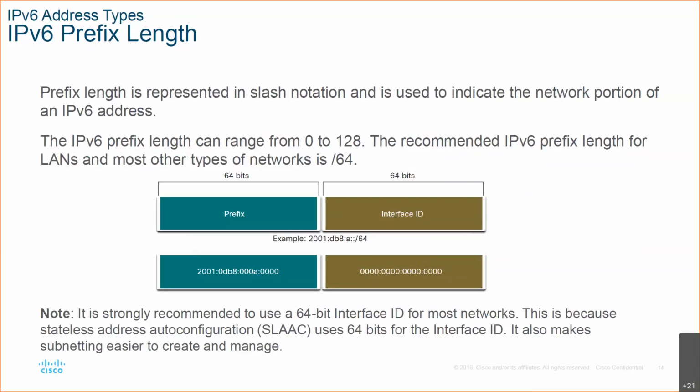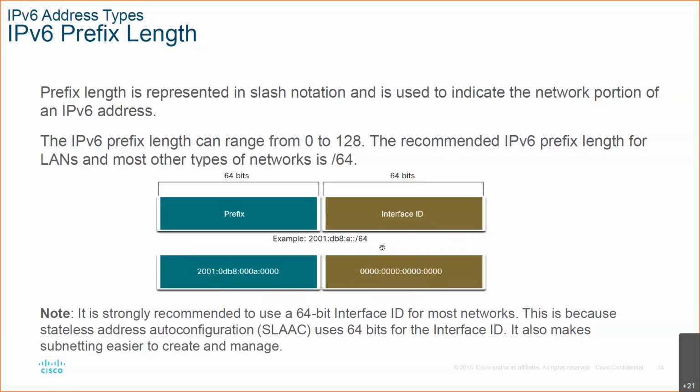So the first 4 hextets are for the network, and the last 4 hextets are for the host. Now imagine the number of hosts that you can add over here.